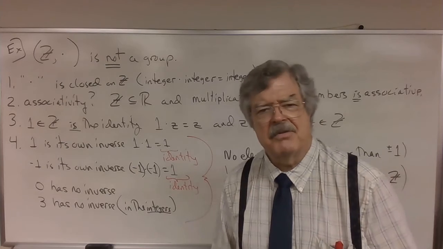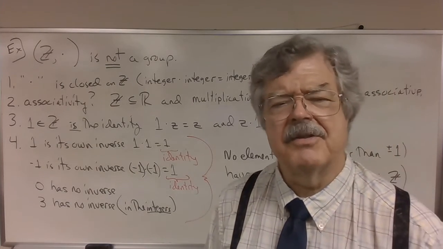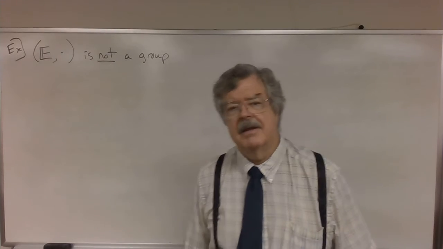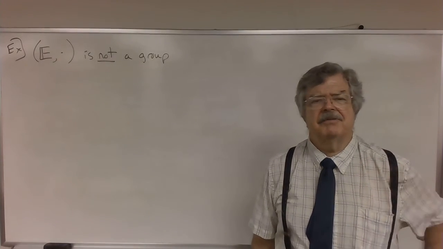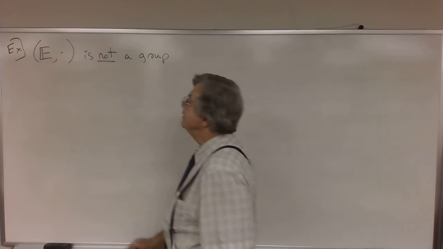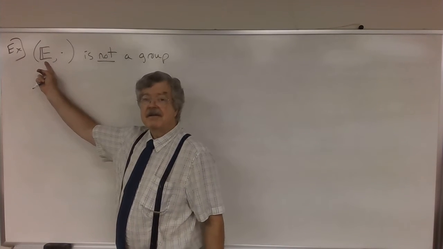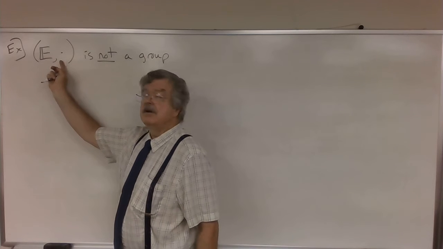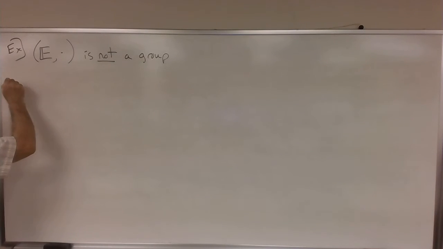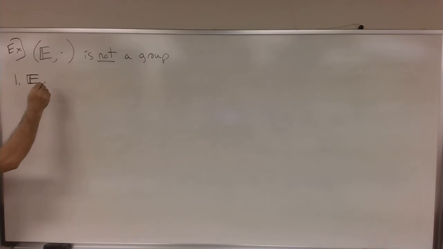Let me come up with another example of something that fails to be a group. Here's an example: the set of even integers under multiplication. Let's see what happens here. Is the set of even numbers closed under multiplication?